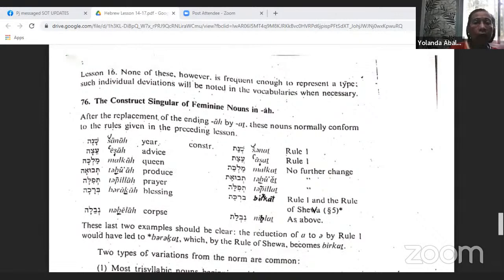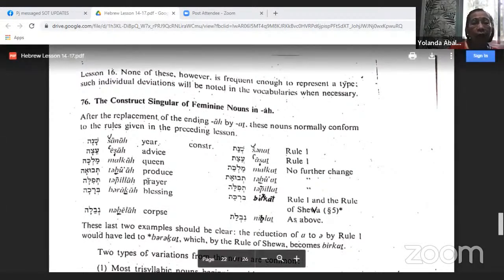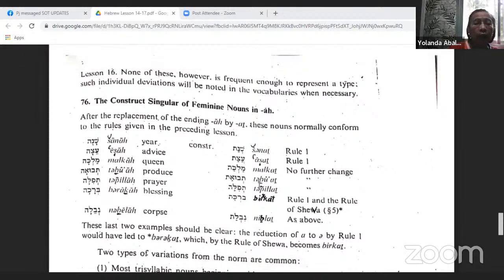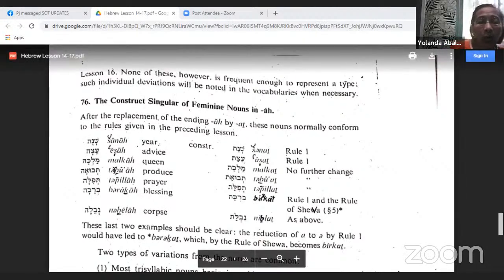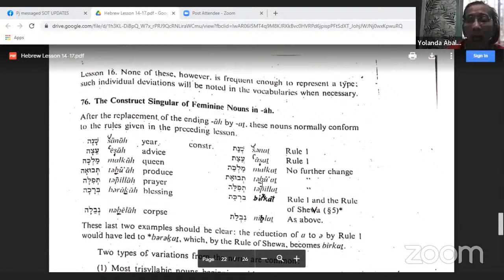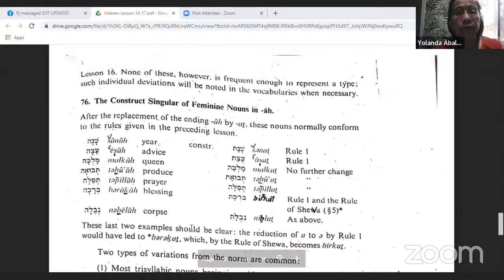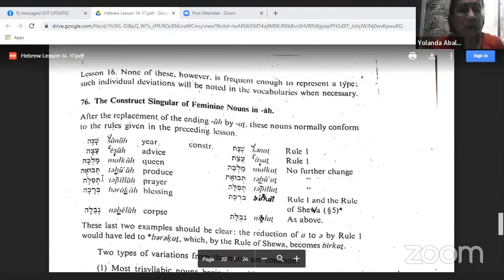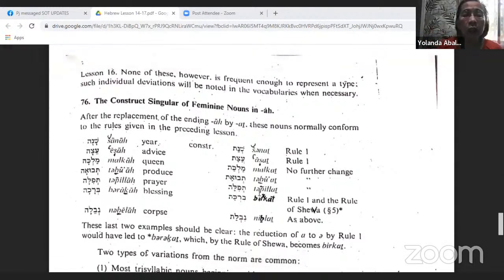Tevuat, the product, the produce of. Tefila, prayer. Tefilat, prayer of. Dito, tevua, product. Ito, tevuat, product of. Bracha, yeah, blessing. Dito sa blessings of, we have birkat.